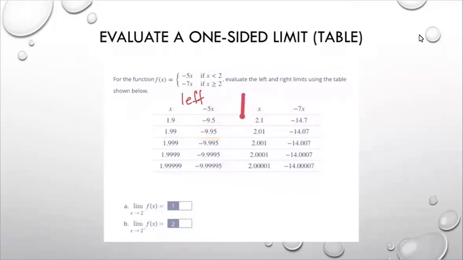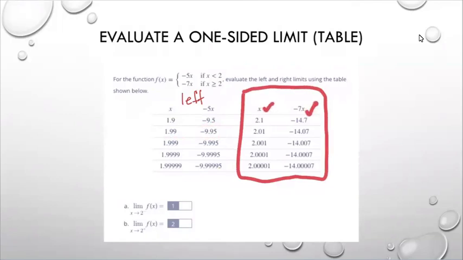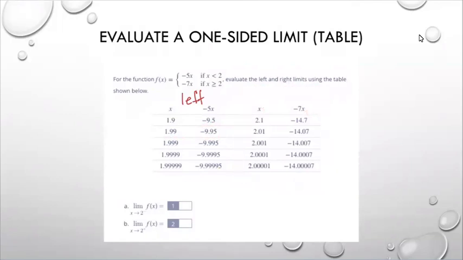All right, the other side of this table gives me x values and y values for y equals negative 7x. Negative 7x is the function that I'm using for x's greater than or equal to 2. So then I start at 2.1 and start making those values smaller and smaller.